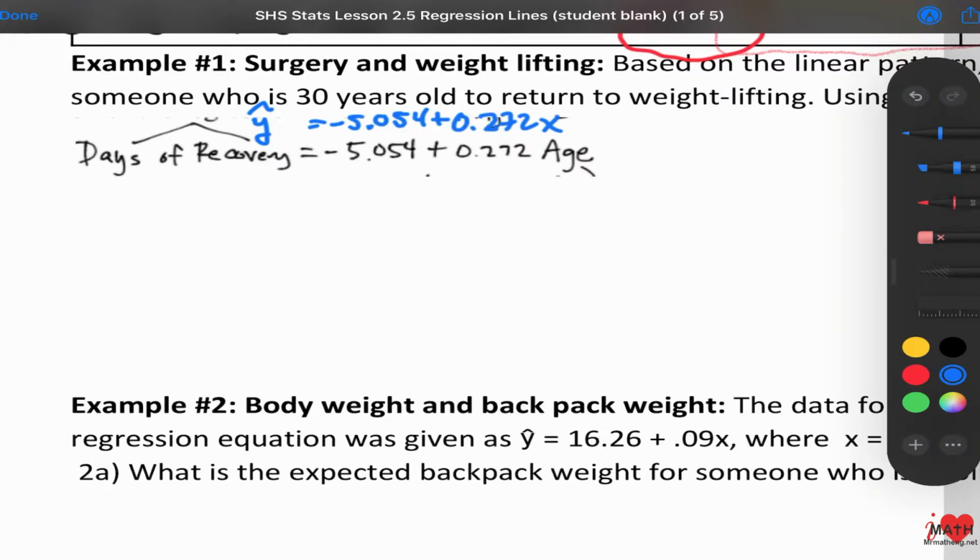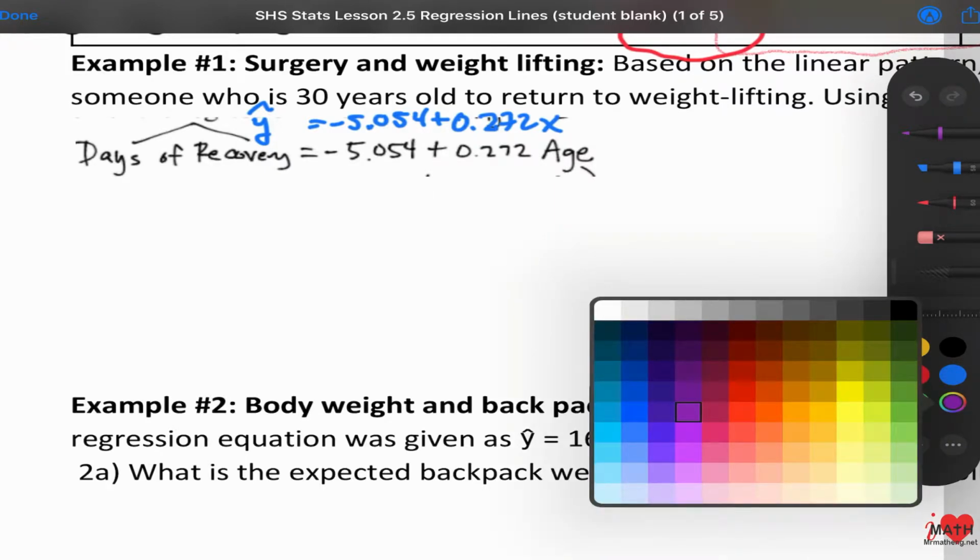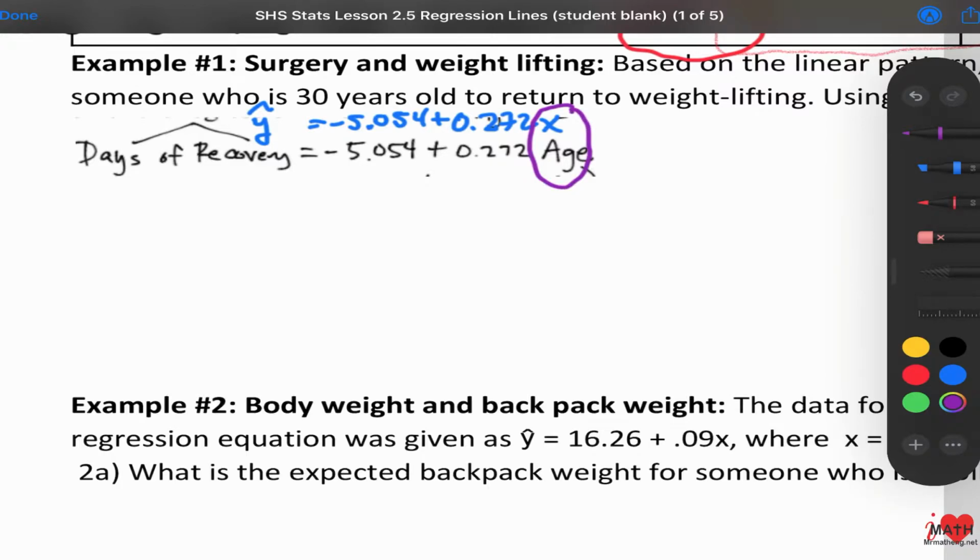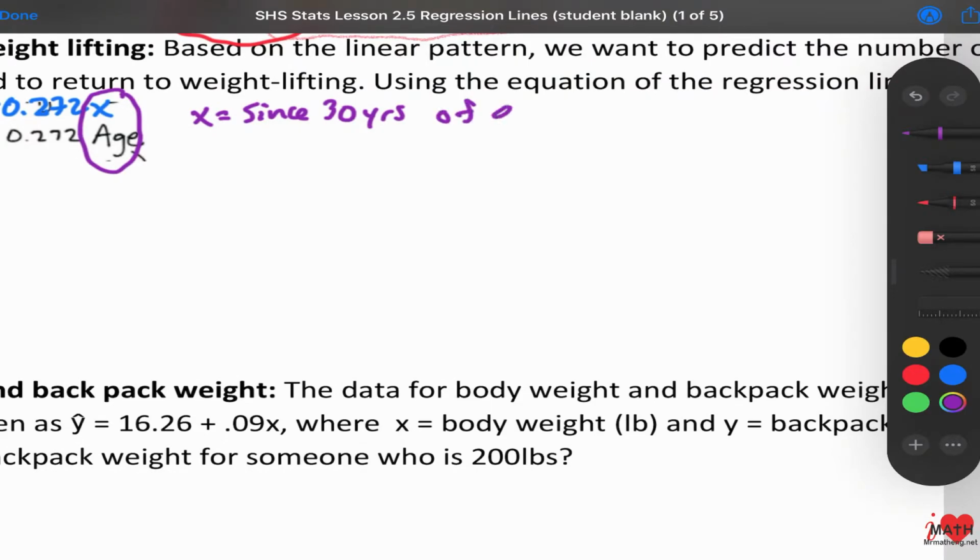So there's a couple things that we can get from here. X equals 30 years of age, since 30 years of age.